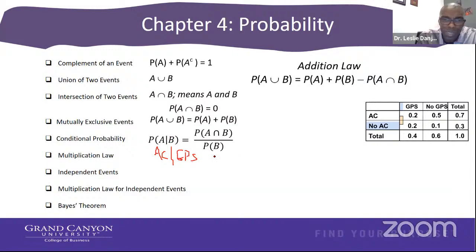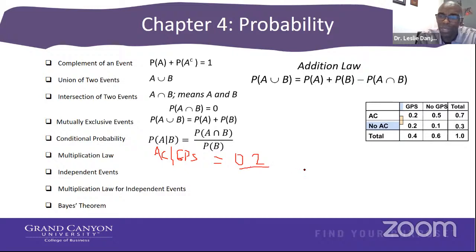So what does that equal? Where does AC and GPS intersect? AC and GPS intersect right up here. So that will be 0.2 divided by, I can't click it.